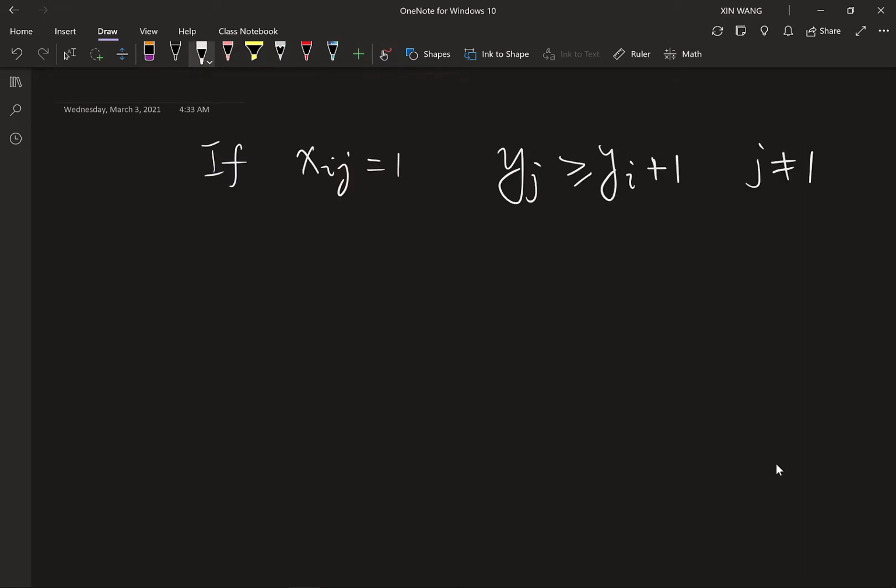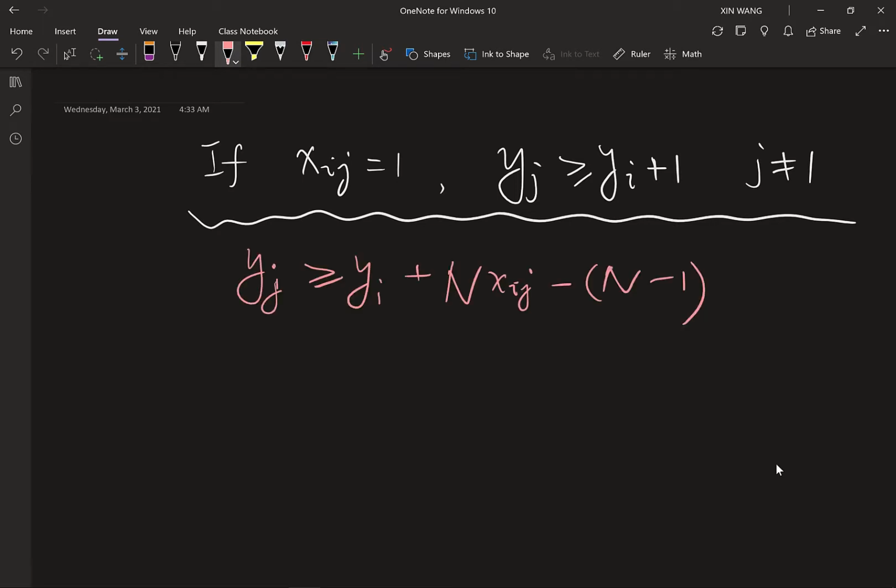Now let's see how we can convert this condition into constraints. So here we give its equivalent formulation by the following. Okay, so this is a very interesting reformulation, and here n is the number of cities. This formulation converts this if-then condition into a constraint.